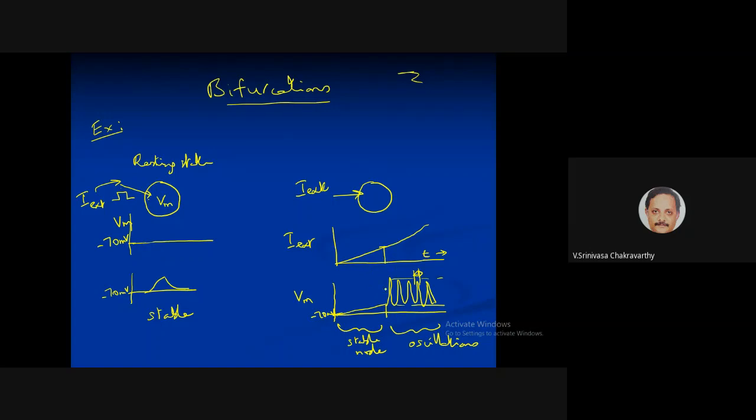Such a phenomenon is a sudden change in dynamics as a parameter is varied continuously. That's called a bifurcation. So even the basic description of a neuron involves a bifurcation phenomenon.